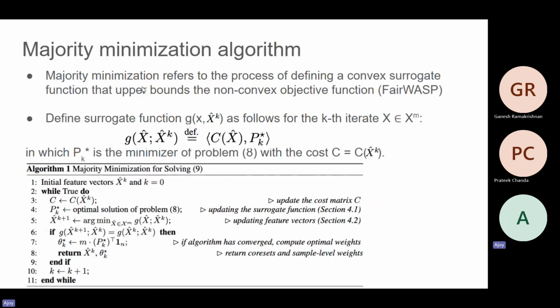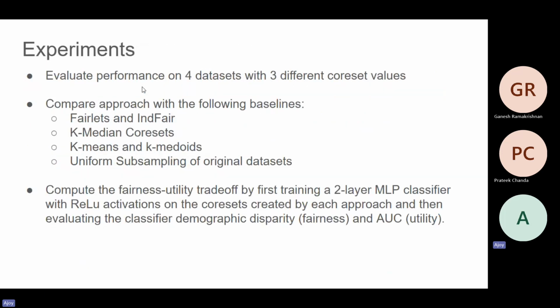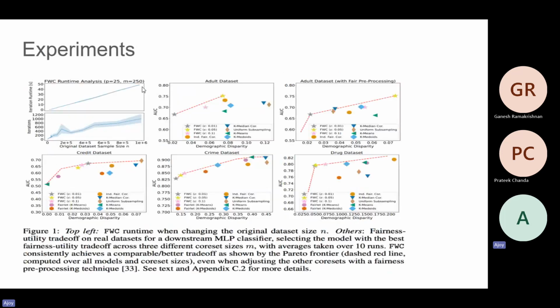And this is the algorithm where they minimize a convex surrogate for the objective. In the experiments, they compare with existing clustering based methods. There is a trade off between the demographic disparity and the AUC metric.